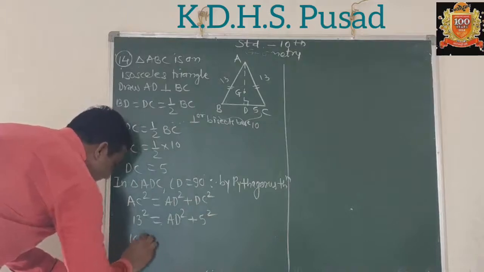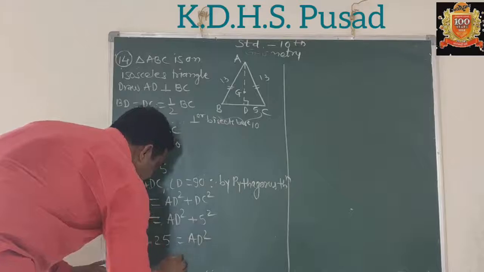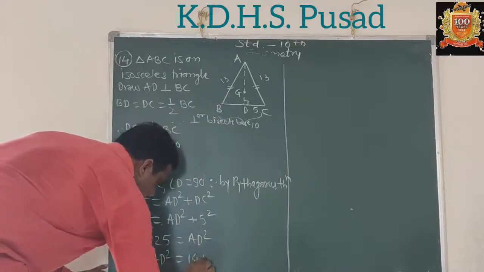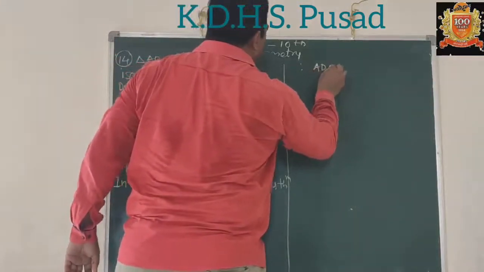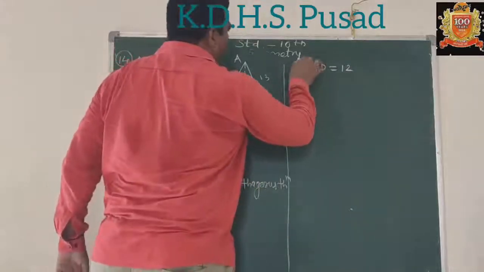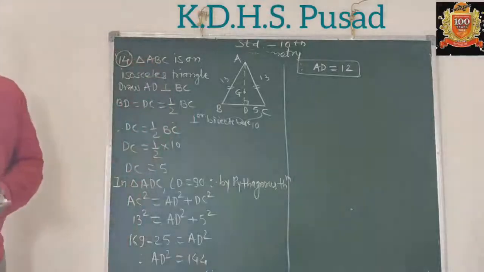So 169 minus 25 is equal to AD square. Therefore, AD square equal to 144. Therefore, AD equal to 12. We got the distance equal to 12.